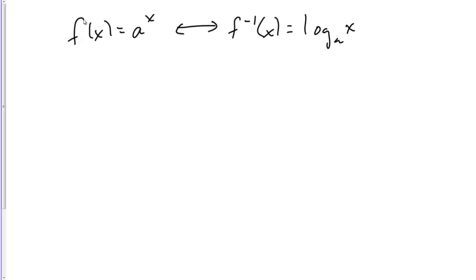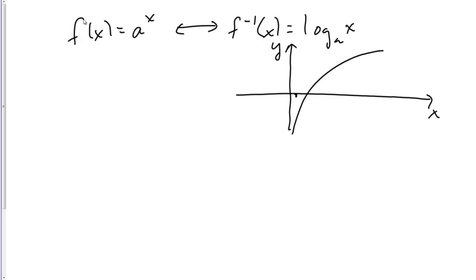And if you look at the graph reflected about the line y equal x of a to the x here, this graph would tend to look like this. Very, very small numbers here come from very negative exponents with 7 to the x, for example, here. Very, very large numbers come from larger x values here with 7 to the x.